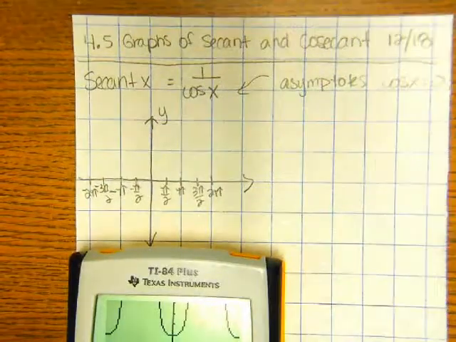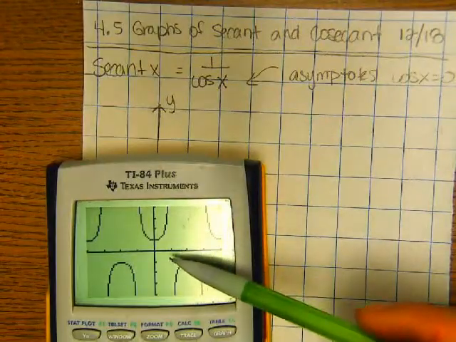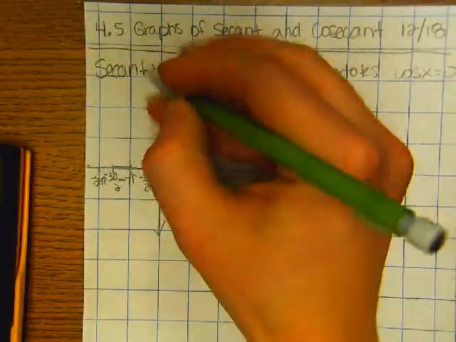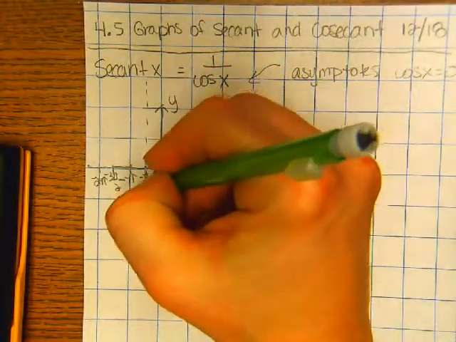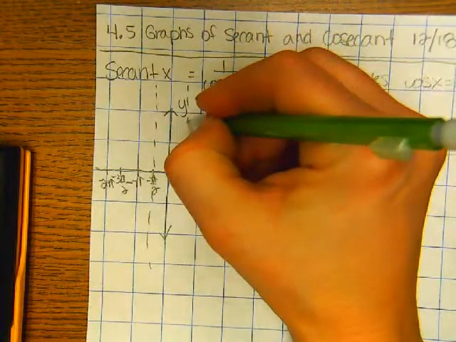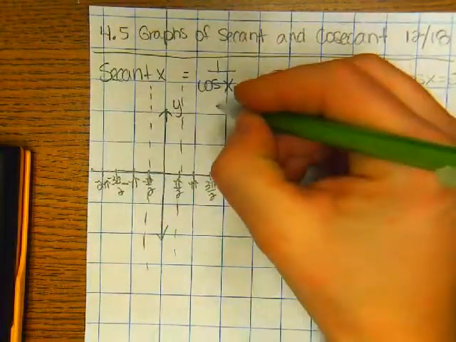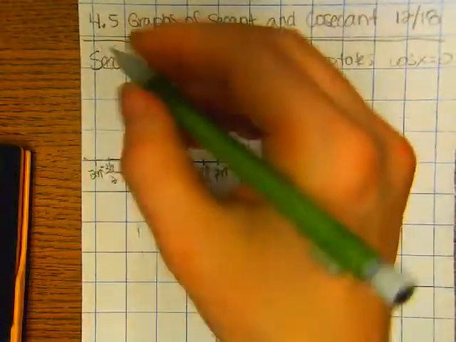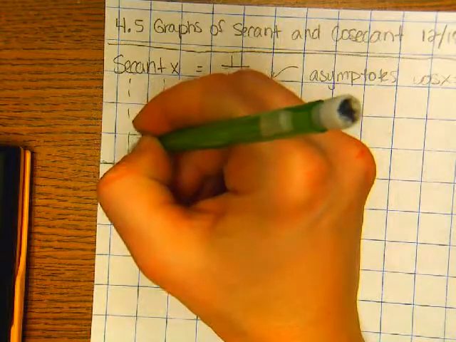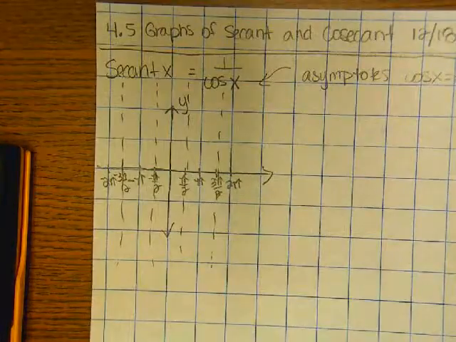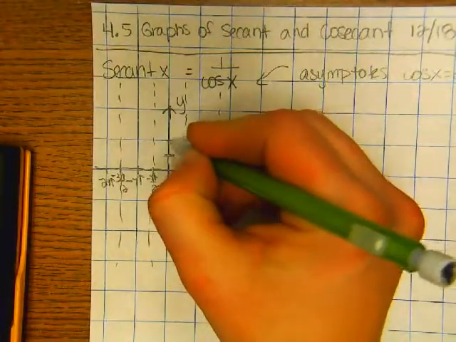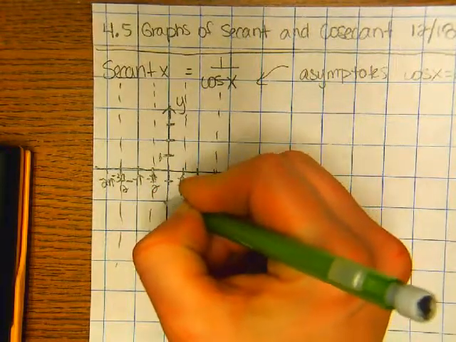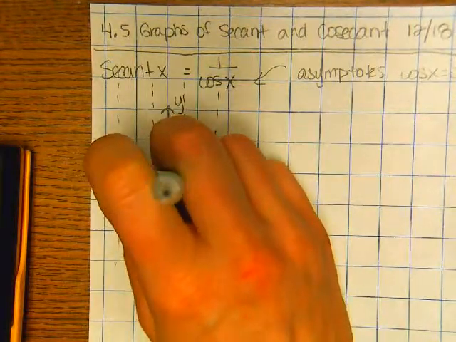Okay, so remember we said that the asymptotes of this graph were at pi halves and 3 pi halves, and that should sound familiar because they are the same as what other function that we studied yesterday? Tangent. Okay, so get your asymptotes on there, and I'm going to make this 1 and negative 1.